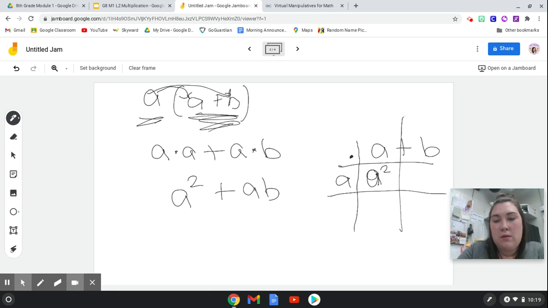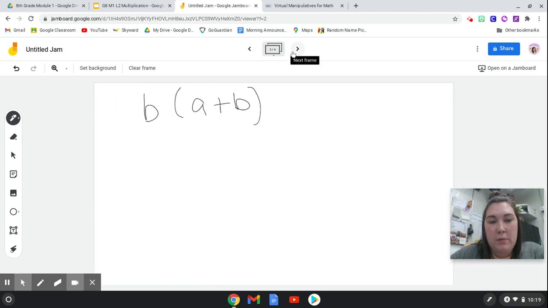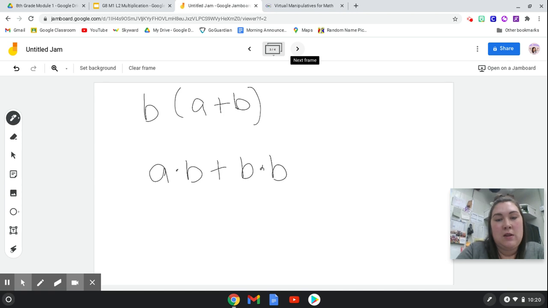A times b would be ab. And I'd fill that in. So now I have a squared plus ab. What if I had a b on the outside instead? Same exact setup. I'd have a times b plus b times b, which simplifies to ab plus b squared.